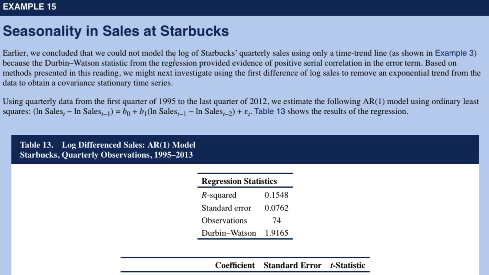But how can we tell whether we have standard serial correlation and should move on to an AR2 model, and whether we have serial correlation representing a seasonal lag? Typically, the process is you would run an AR1 model, look for serial correlation. If you find it, you run an AR2, and you keep going till all the autocorrelation is gone.